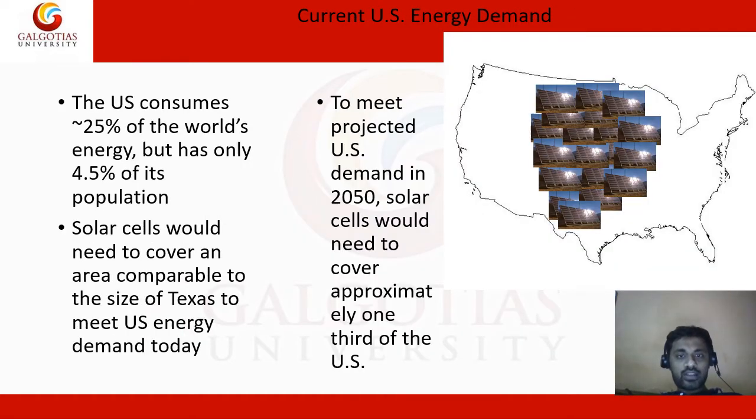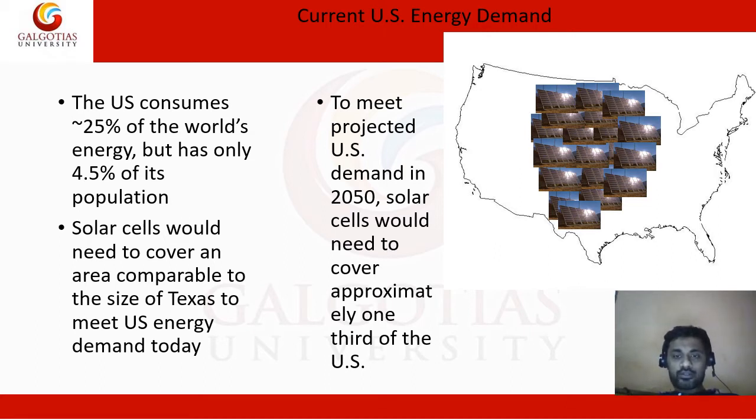So this slide will tell you the current United States energy demand. The US consumes nearly 25% of the world's energy, but it has only 4.5% of its population. The solar cells would need to cover an area comparable to the size of Texas to meet the U.S. energy demand today.